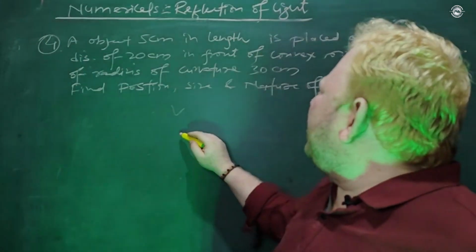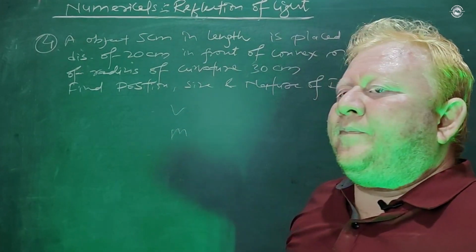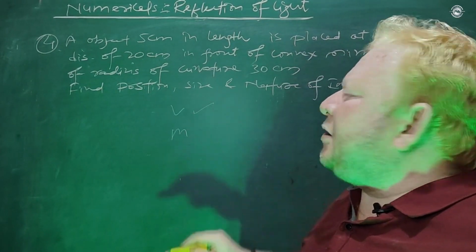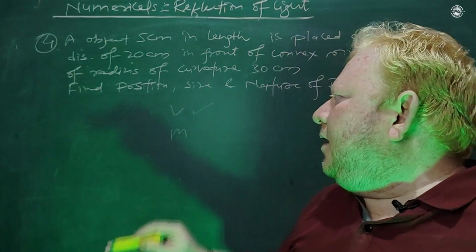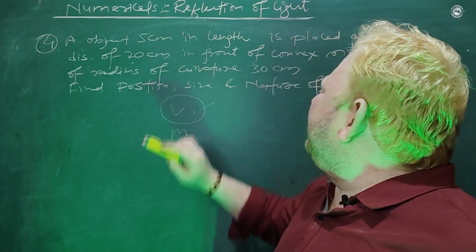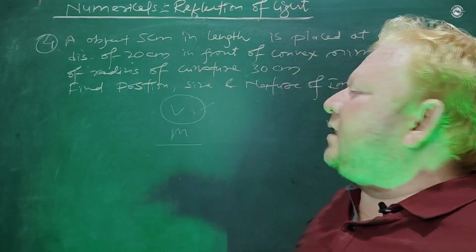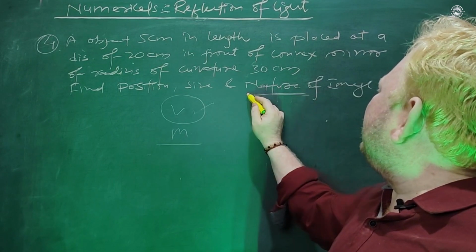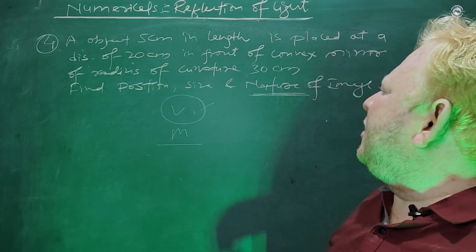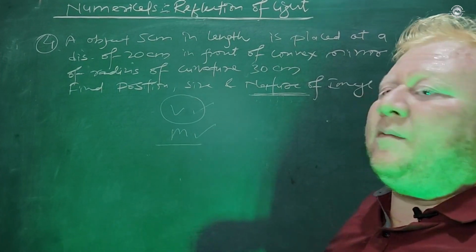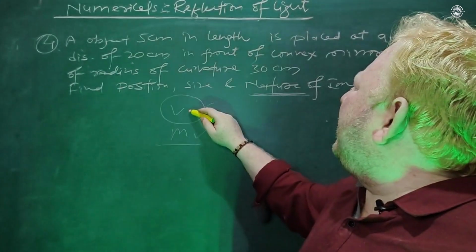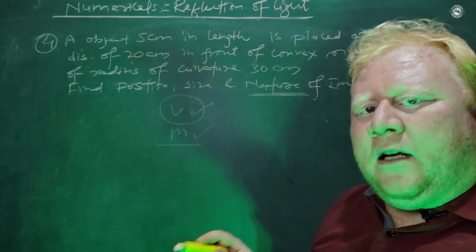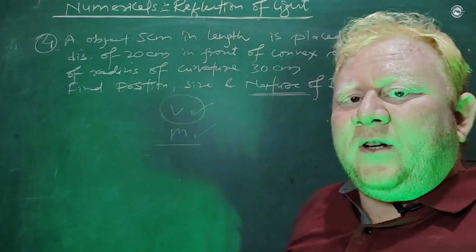No, you go for magnification also, otherwise there is a chance of deduction of marks if you are finding up to v only and not discussing the magnification. Why? Because here they are asking you to find out nature also. So unless you approach up to magnification, how can you tell? Do you understand?